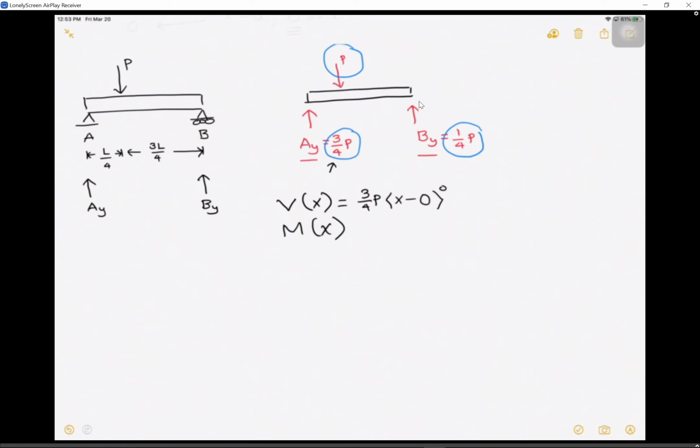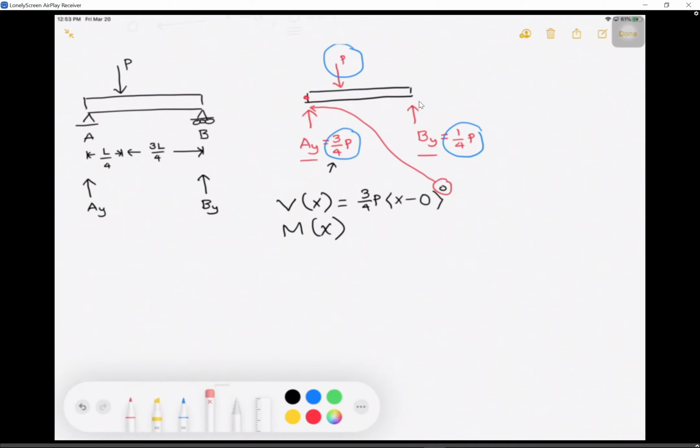So that's for shear, and this is 0 right here because this point is at 0. Oh, sorry, not that one. Let's erase. It's for this guy right here, sorry.